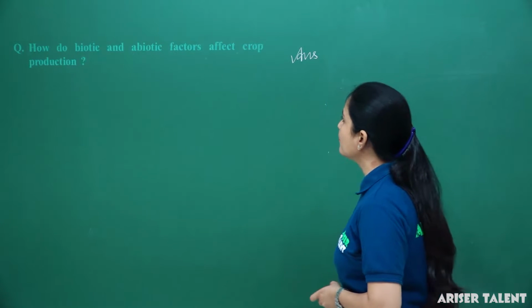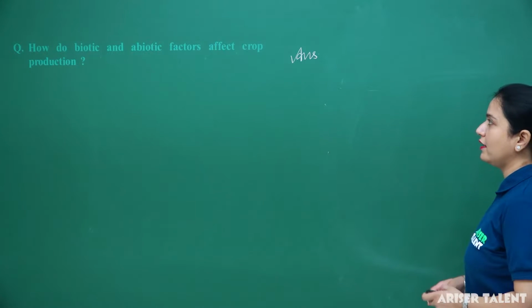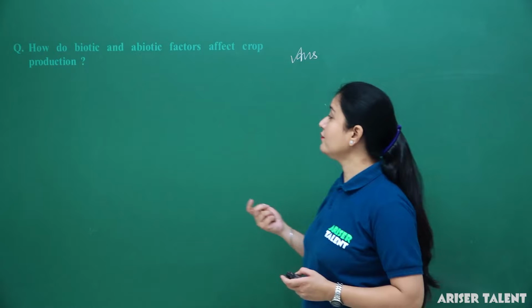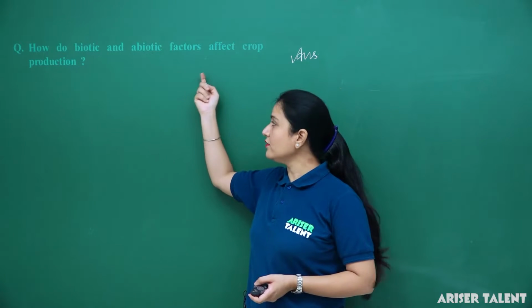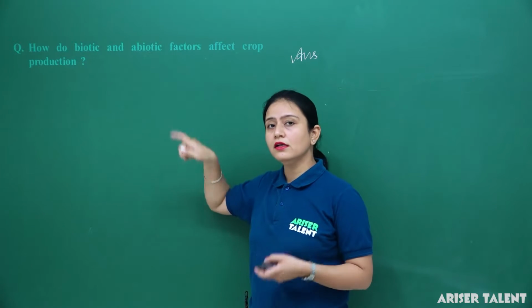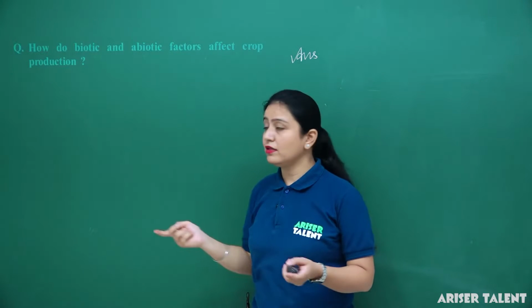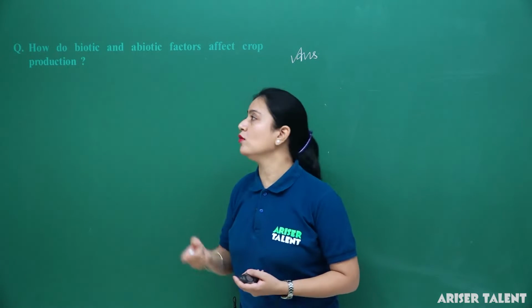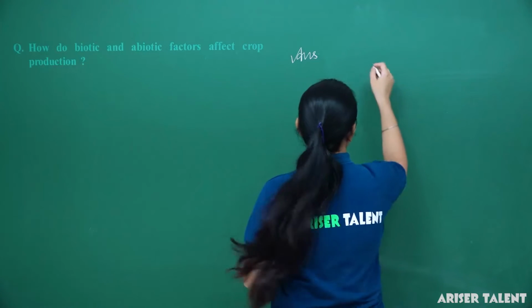Now next is, how do biotic and abiotic factors affect crop production? Biotic factors are the living components of the environment and abiotic factors are non-living components of the environment. They both affect the crop production. How? Here we discuss it.